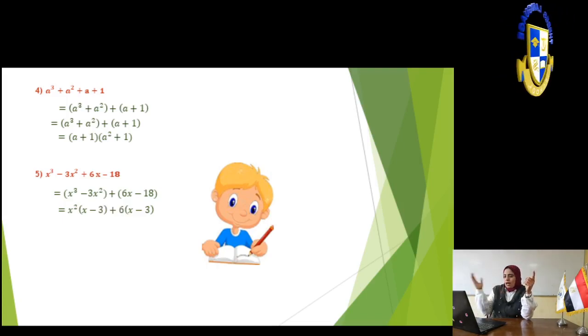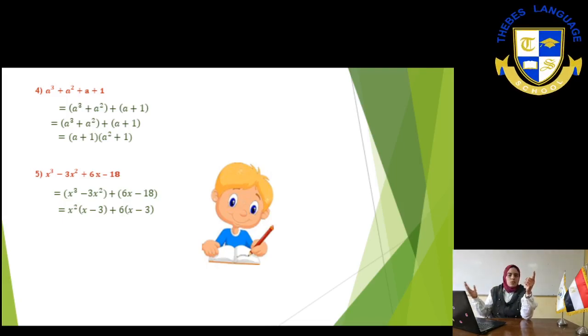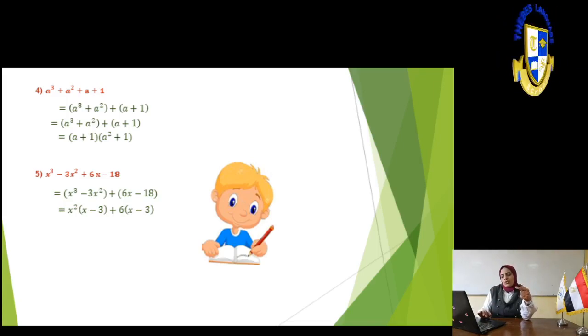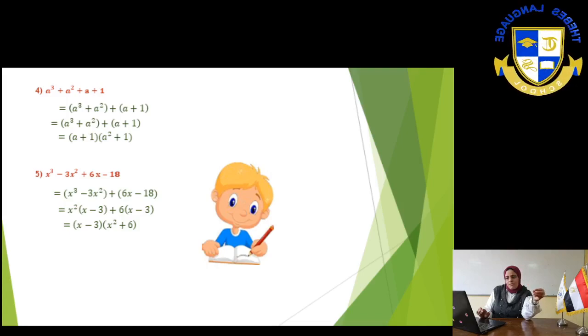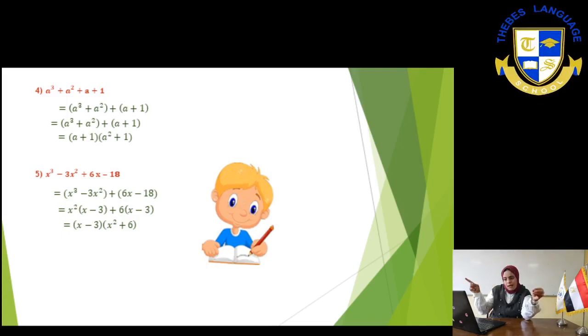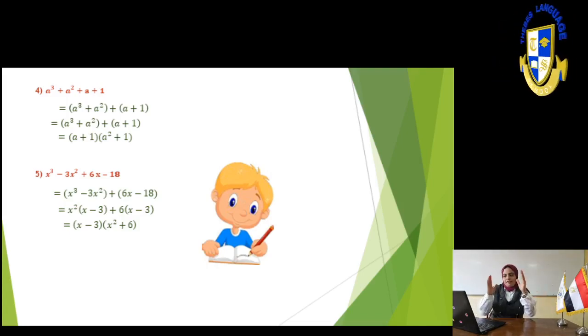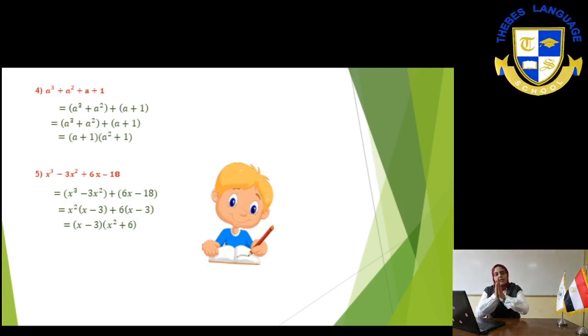We have here a variable in 6x but in 18 we have numbers only, so the common factor here will be 6, to be factorized into 6 multiplied by x minus 3. Then we will have x minus 3 as a factor, and x power 2 plus 6 is another factor.